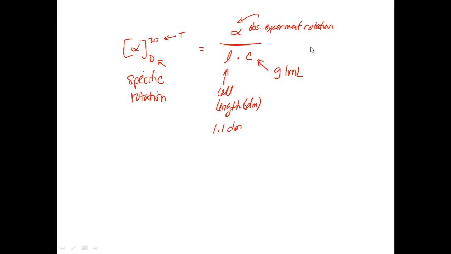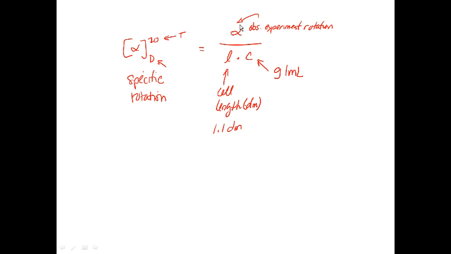And that's why you needed to know what the mass of your product was, and then when you dissolve it into ether to make 10 milliliters total of solution, you need to know what that final volume is, because this is going to give you your concentration that you're going to multiply by the cell length, and divide that product into the observed experimental rotation, and that'll give you the specific rotation of the final product.